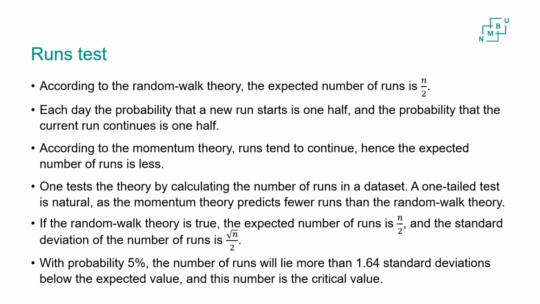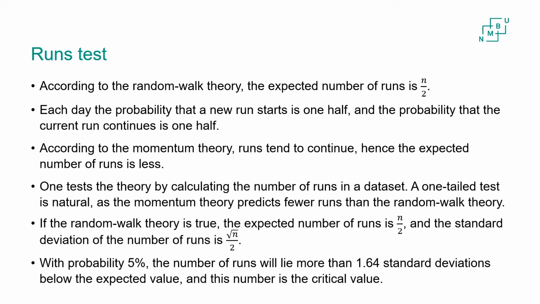So if you look at technical analysis, we assume that we have momentum, which means that price moves in one direction tend to follow each other. So the trend continues.